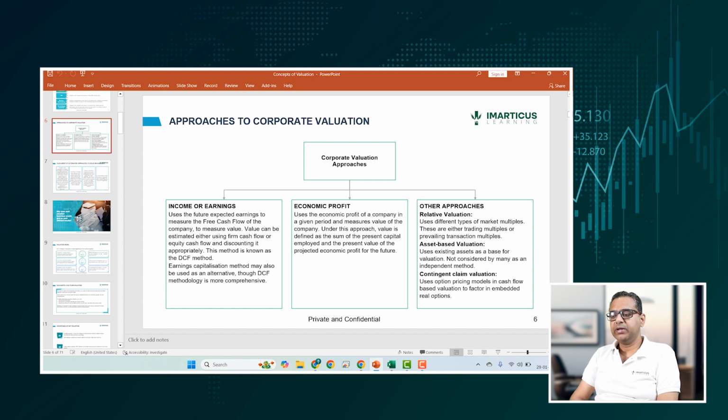For example, in a call option, if we buy the call option, the money is made when the price goes above the strike price, that's when the gains start to increase. So it is dependent upon something to happen. That's why we call it contingent claim valuation, which is mostly used in the case of option pricing. At what price should the call option trade, or at what price should the put option trade?